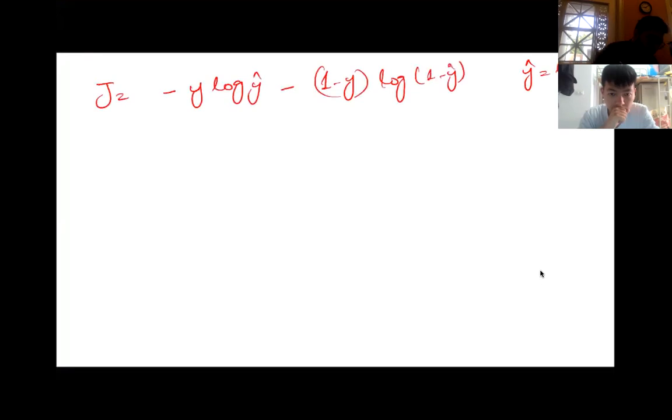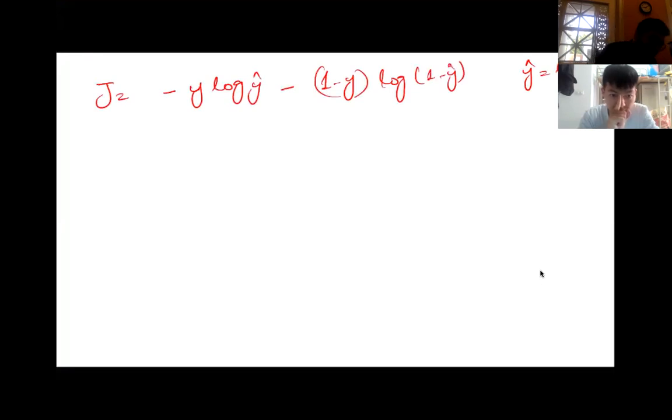Y hat is h of x. So whenever I write y hat, I mean h of x. So the loss function j is defined as negative y log of y hat minus 1 minus y log of 1 minus y hat.